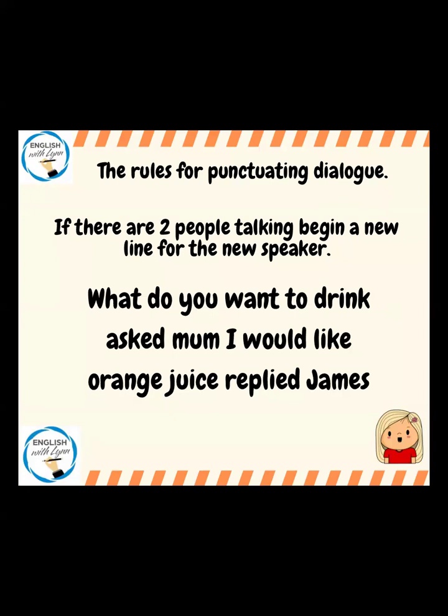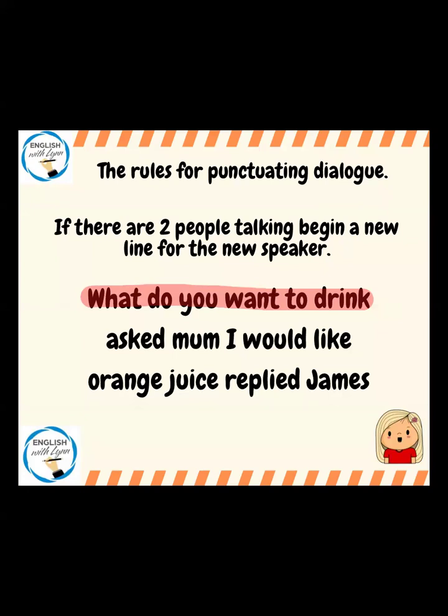So let's have a look, first of all, at the actual bits that are being spoken in here. "What do you want to drink?" asks Mum. So Mum is saying, "What do you want to drink?" Now, Mum doesn't say "asks Mum." "I would like orange juice," replied James.